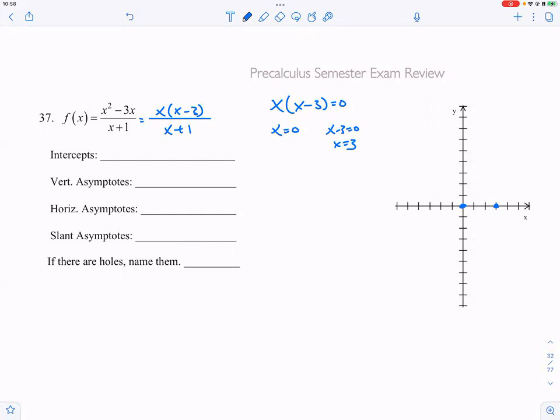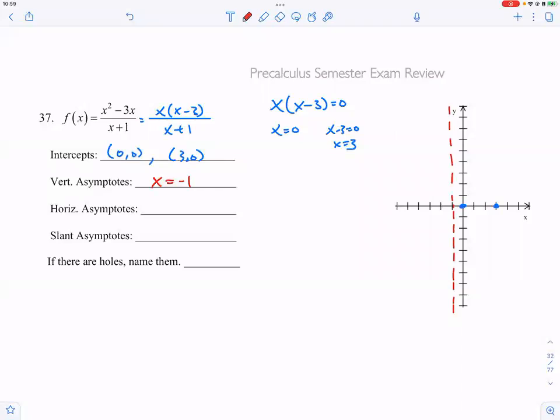Okay. You have a slant asymptote. Sorry, we will have a slant asymptote, but let's take off something easier. The vertical asymptote will be x equals -1.